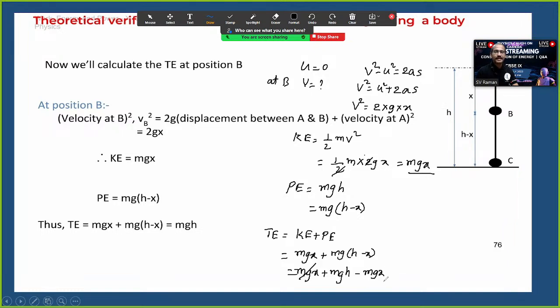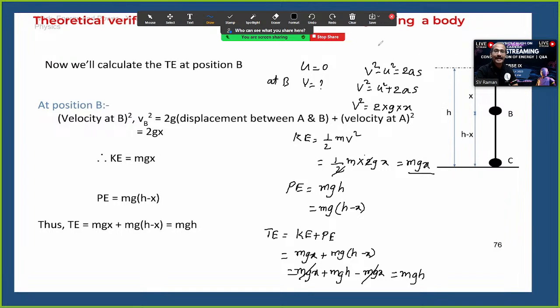So mgx will be cancelled, which is equal to mgh. So the total energy is equal to mgh. Clear? At point A, mgh. At point B, mgh. So now we are understanding, yes, conservation of energy matched.